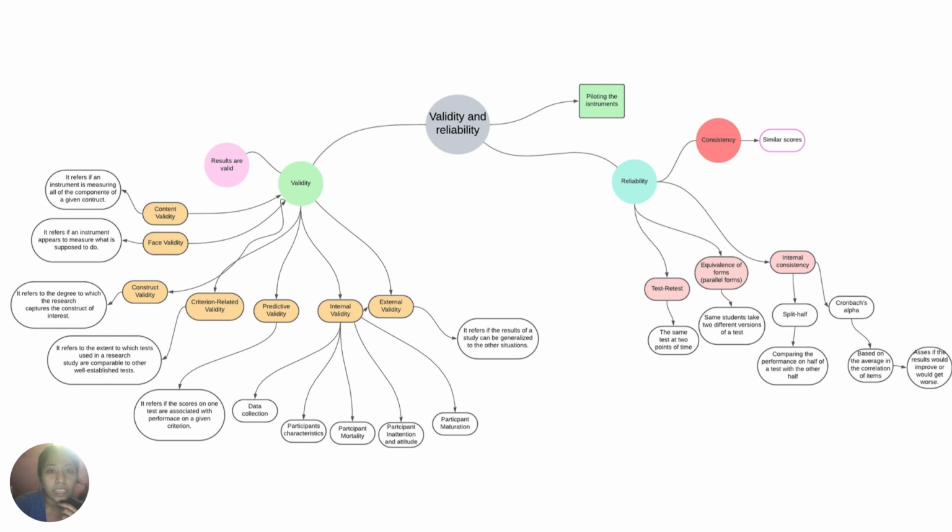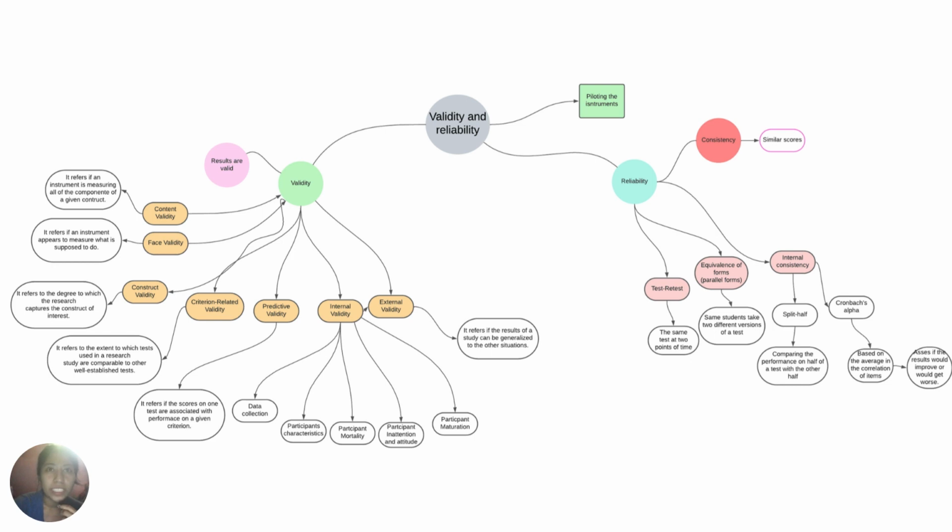Well, reliability refers to consistency. It means similar scores. There are three different ways to check or prove reliability. First is test-retest, when the same test is given to the participants at two different points in time.